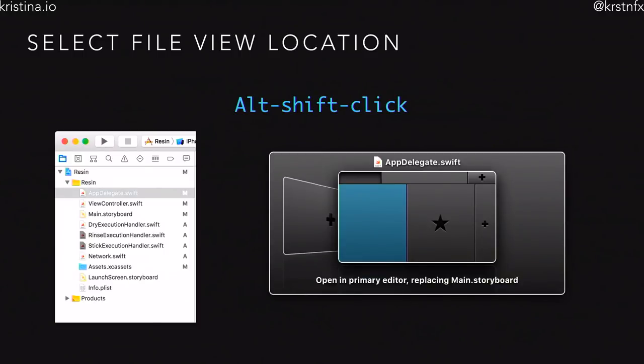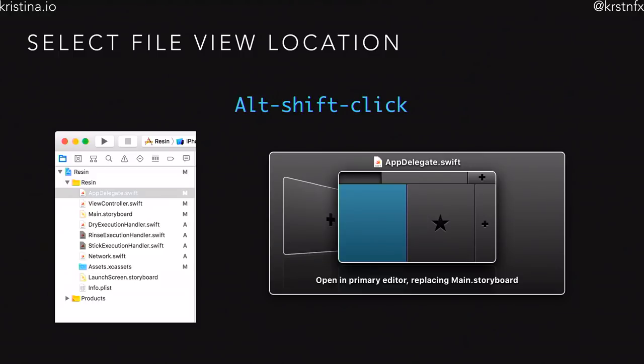Another important tip would be to use the Alt-Shift shortcut. What this allows you to do is choose the location where you want to set any particular file. So hold down Alt and Shift on your keyboard, and then use your left mouse click to choose whatever file you want from the left-hand sidebar.